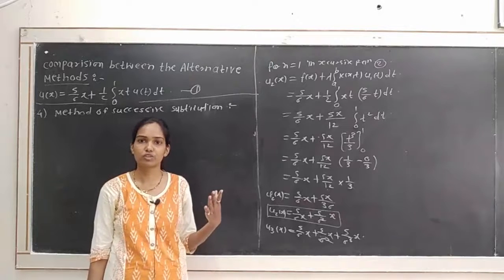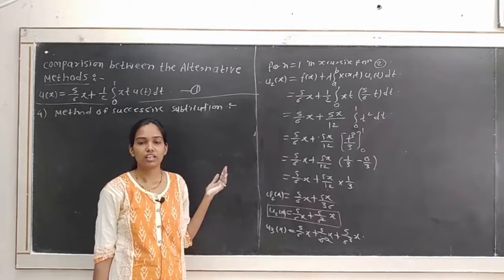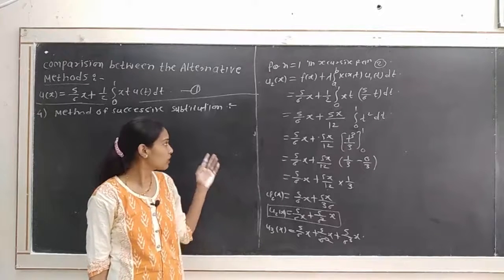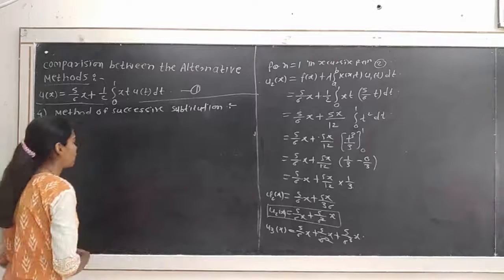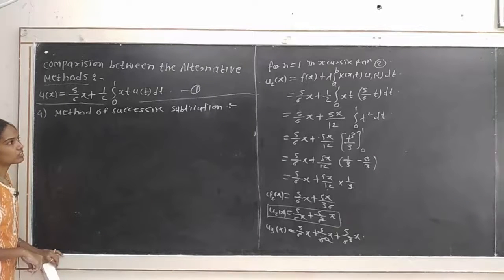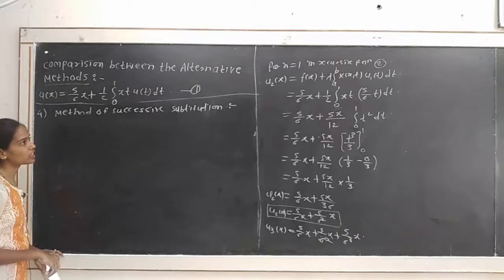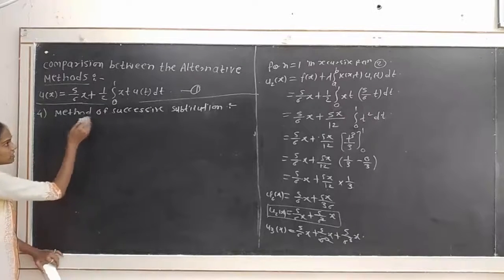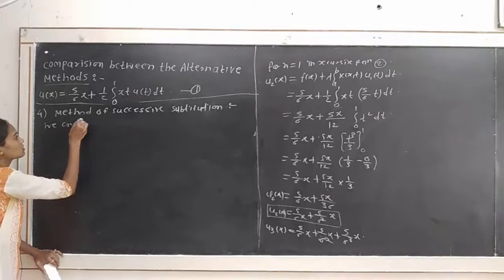In this way we can substitute the value of the kernel to get the next successive terms, to get the infinite series in the form of the kernel, and by simplifying that series we get the solution.